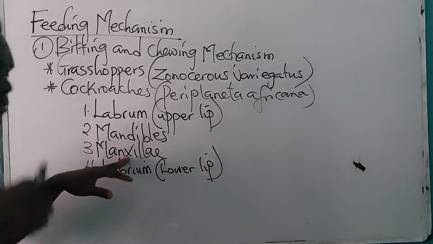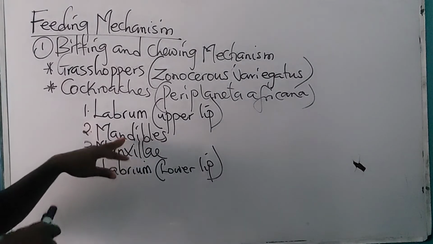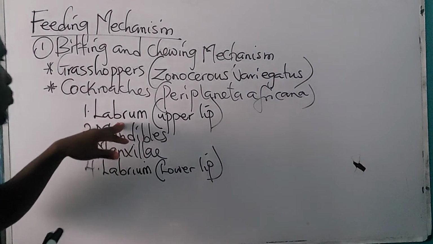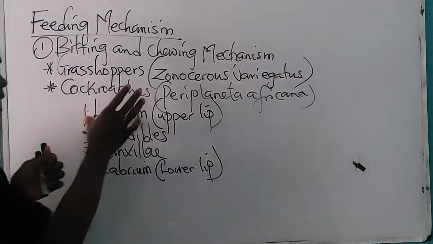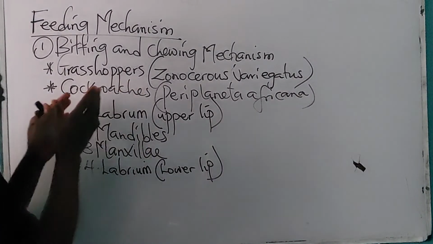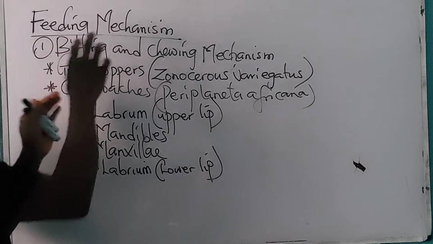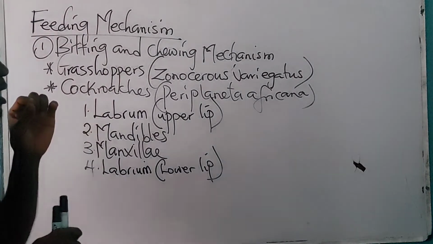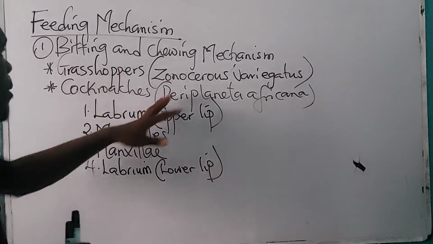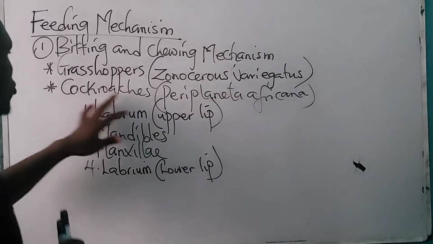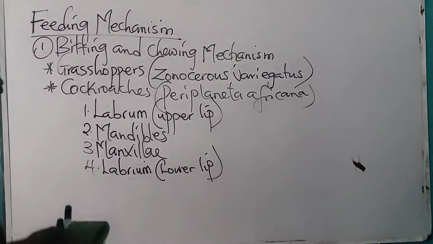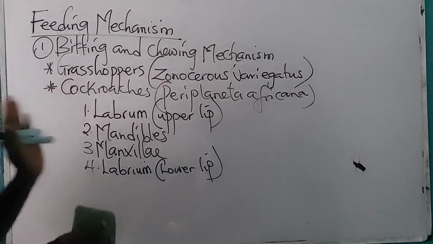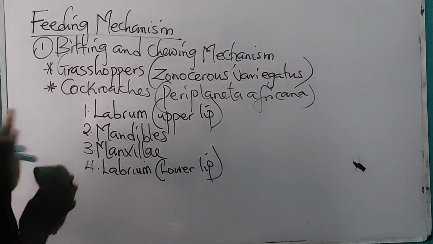This one further grinds. This one bites and chews. This one prevents food from falling off the mouth. So these are the various mouth parts of biting and chewing animals, like the grasshoppers, Zonocerus variegatus, and cockroaches, Periplaneta americana. I believe this one is well assimilated. Please take note of that.